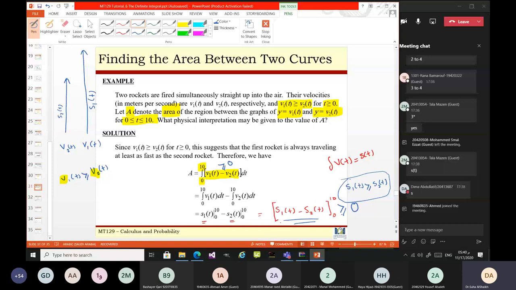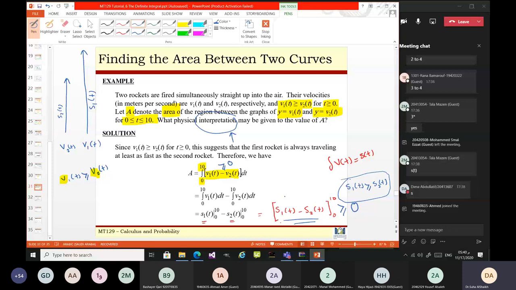And it makes sense, since the speed of rocket 1 is more than the speed of rocket 2. The distance that rocket 1 travels is more than the distance rocket 2 travels, and this is what it means. This is the interpretation they are asking about, the interpretation I reach from the integration being positive here.